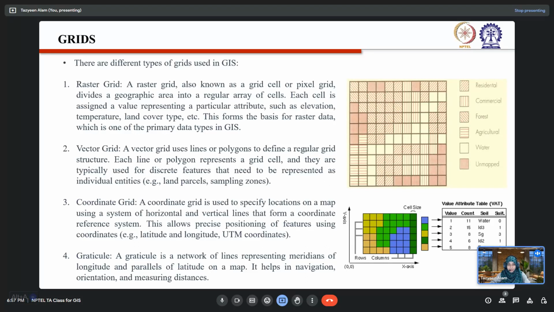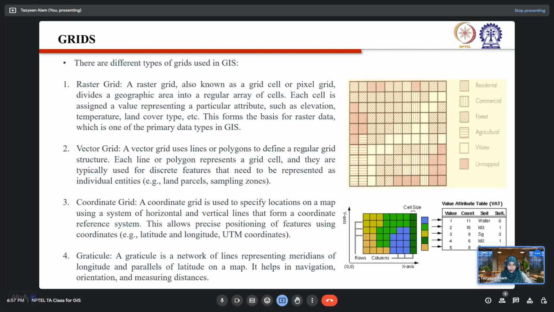Each line or polygon representing our vector grid defines a grid cell. So one single entity describes one single grid cell, and they are typically used for discrete features that need to be represented as individual entities, for example, land parcels or sampling zones.